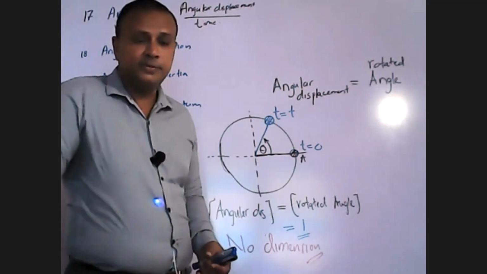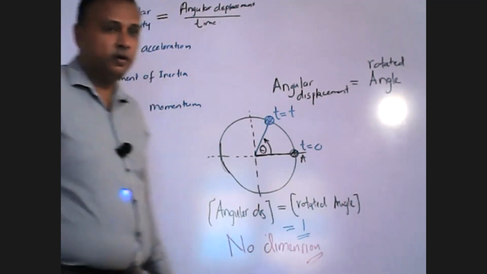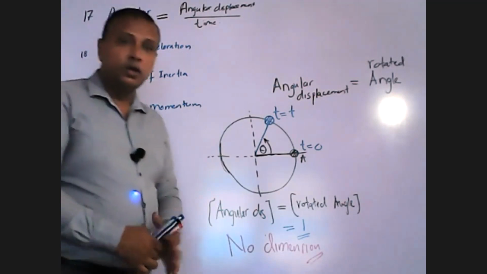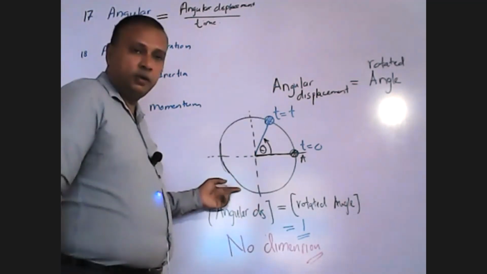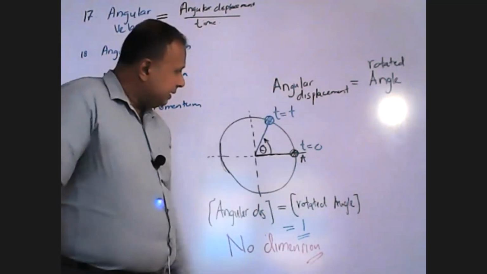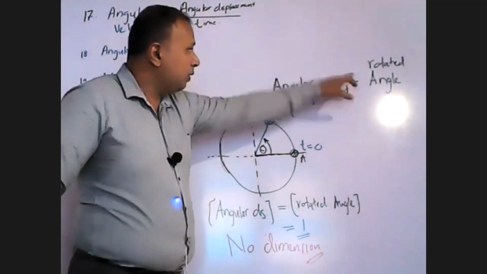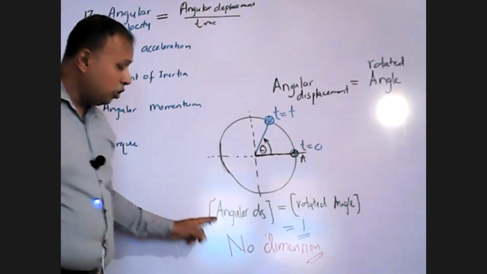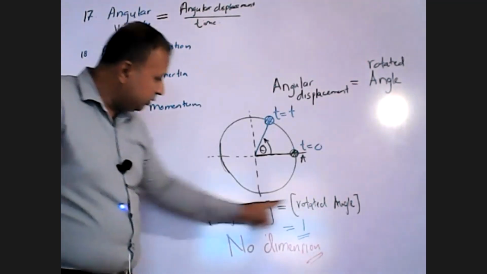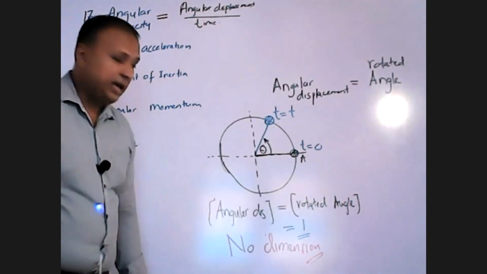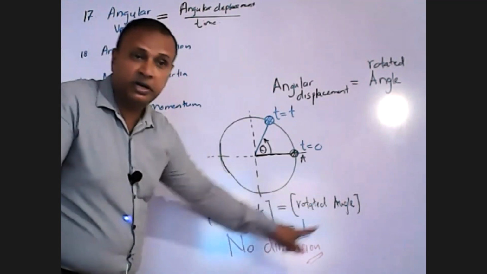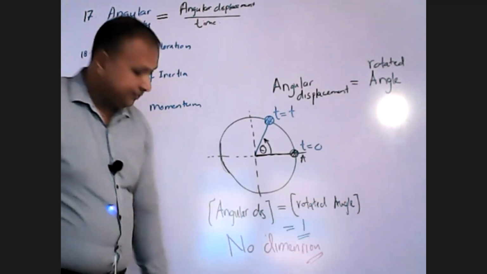Very good. Okay. You can write this one, or you can draw this figure and write about angular displacement. Angular displacement is equal to rotated angle. So the dimension of angular displacement is equal to the dimension of rotated angle. The dimension of a rotated angle is equal to 1.